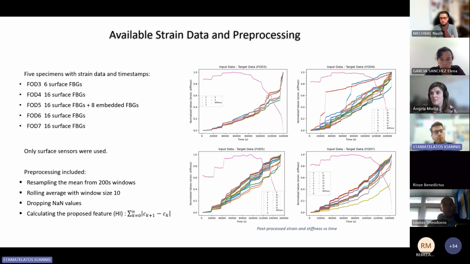And then I want to talk a little bit about the intuition behind how we developed this health indicator. As George said before, the strains are heavily coupled with the load.